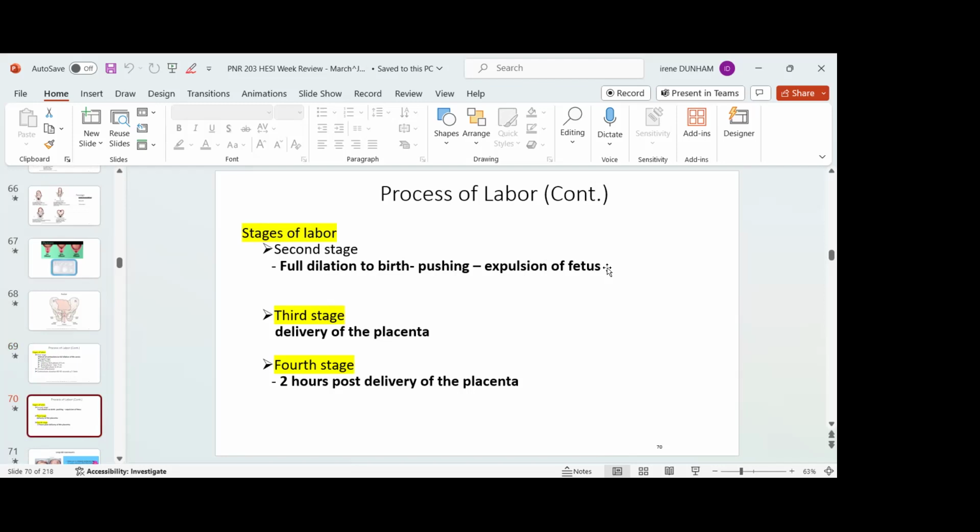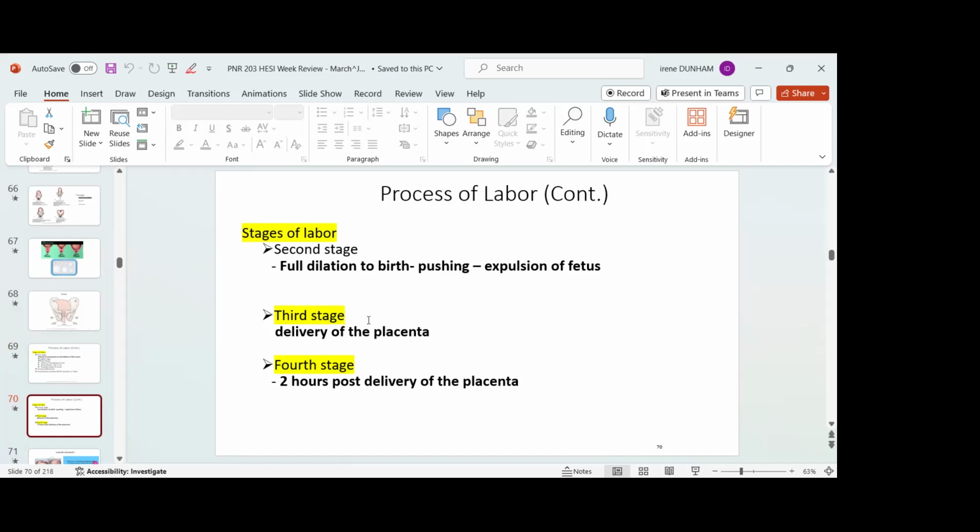It's a lot of work, pushing maybe every 2 minutes, and then she's trying to rest and get her breath and then push again. It's hard. So you don't want to get her too tired, because otherwise, if she gets tired, then you're going to need to have assistance, such as a forceps delivery or a vacuum extractor. So you want to watch the timing of the pushing.